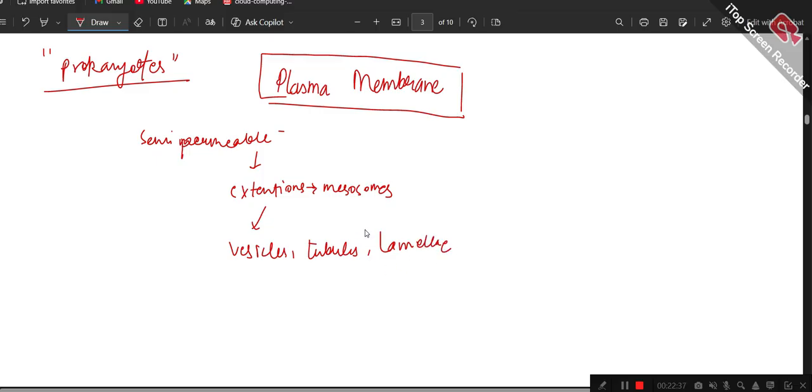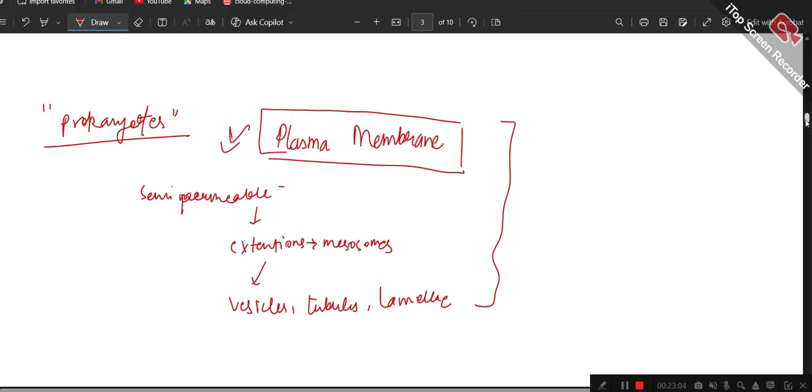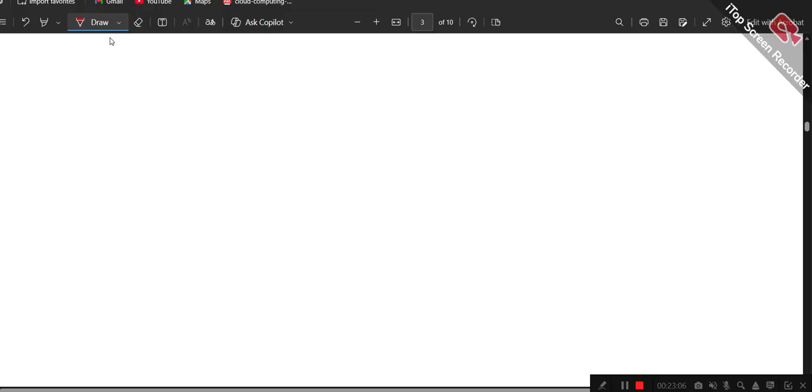You just need to know it here. There is not much in this. The major details would be talked about in the eukaryote parts, because in that part plasma membrane needs to be discussed very elaborately. We need to discuss the phospholipid bilayer model by Sanger. Here only this much is important. You don't need to do anything else. Now let's move forward.